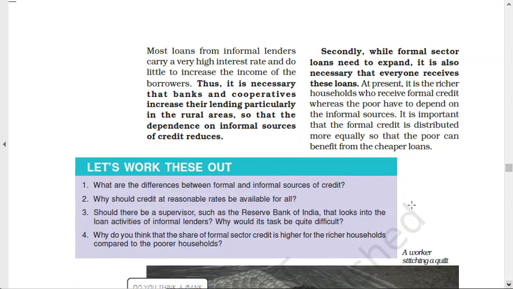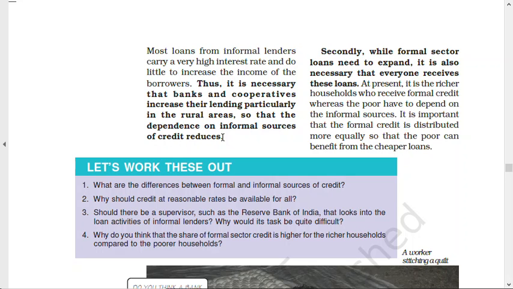All right. Next, it says most loans from the informal lenders carry a high interest rate and do little to increase the income of the borrowers. Because most of the money goes to interest, you have nothing. Thus, it is necessary that banks and cooperatives increase their lending, particularly in the rural areas, so that the dependence on informal sources of credit reduces.